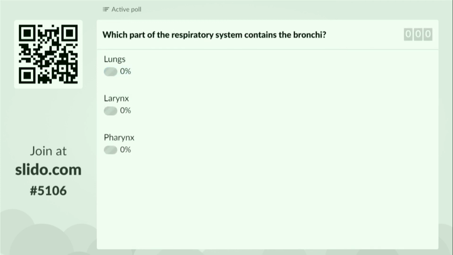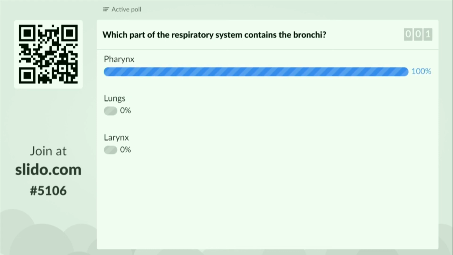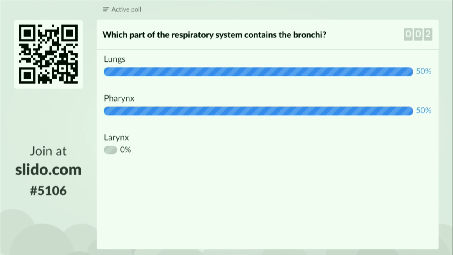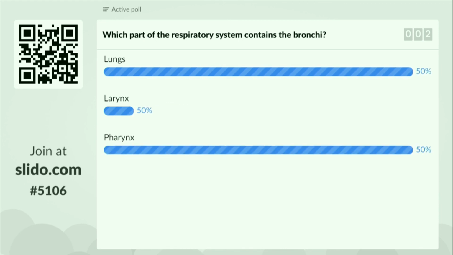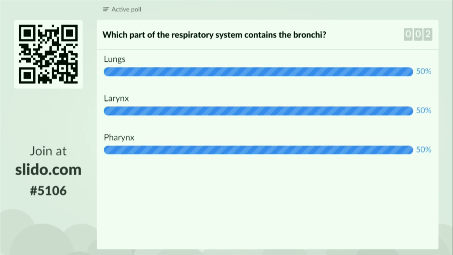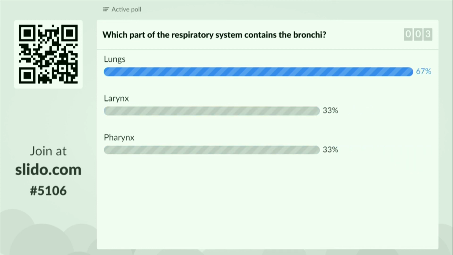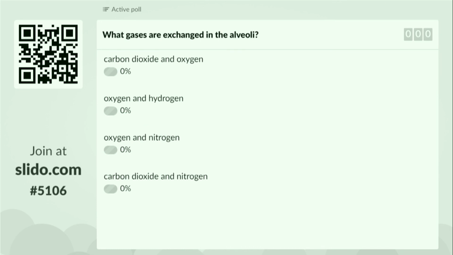Okay, another question. Which part of the respiratory system contains the bronchi? Remember, our trachea is going to branch off into two parts and lead into our lungs, which is where our bronchi are going to be. So our bronchi are going to be inside of our lungs. Okay, what gases are exchanged in the alveoli?